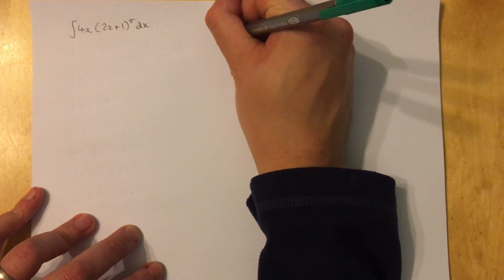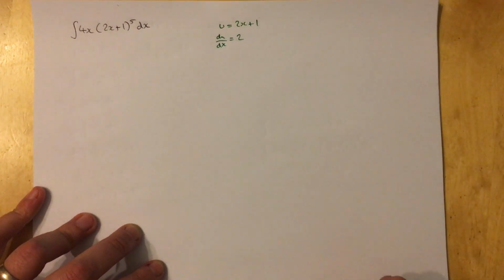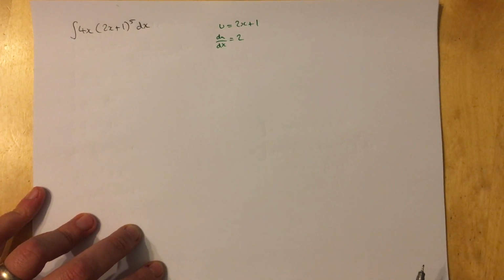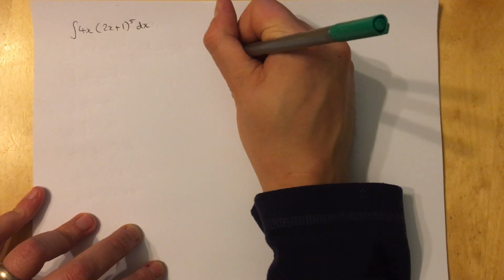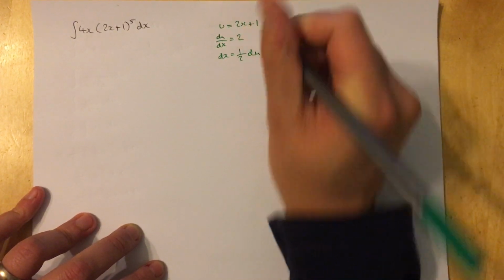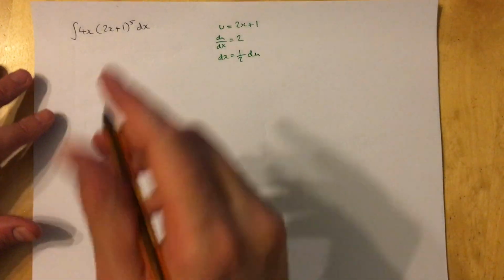So we're going to have du dx is just 2. So rearranging this, multiplying through by dx, dividing through by du, I'm going to get that dx is a half du.